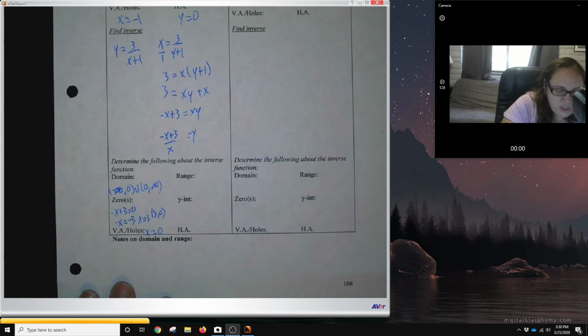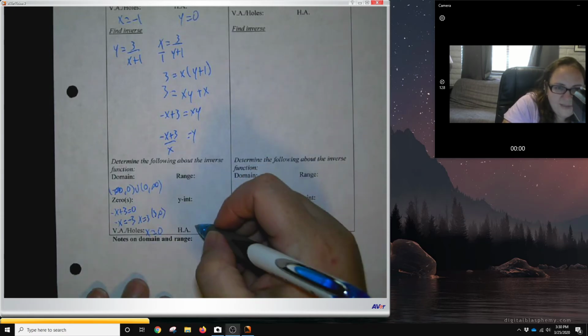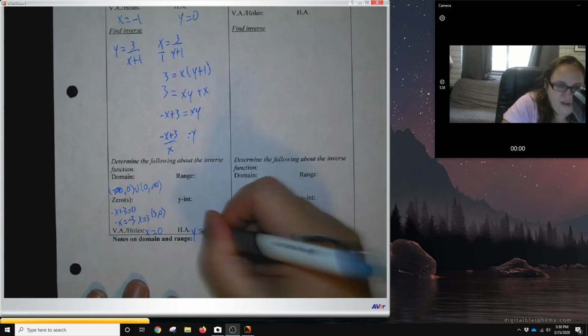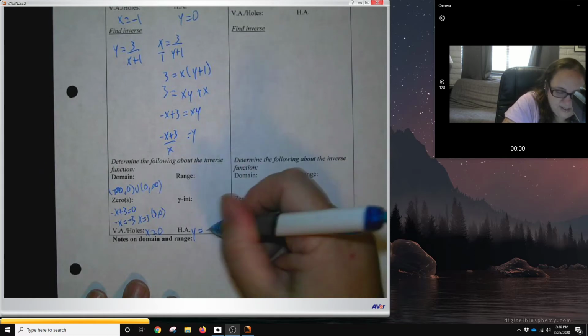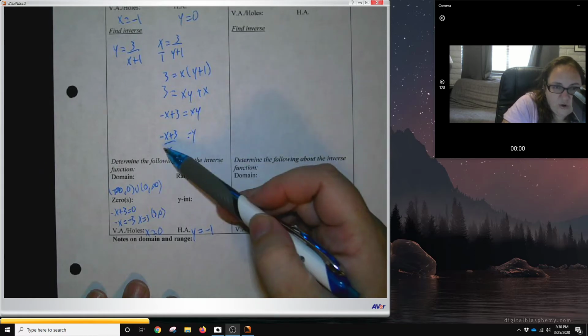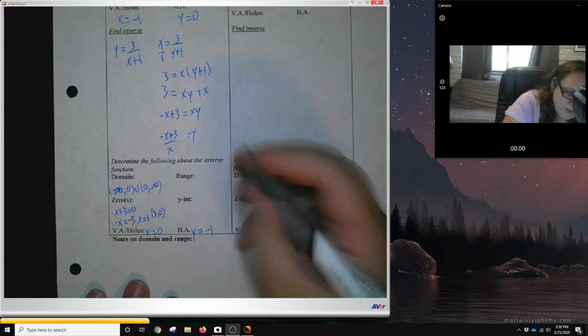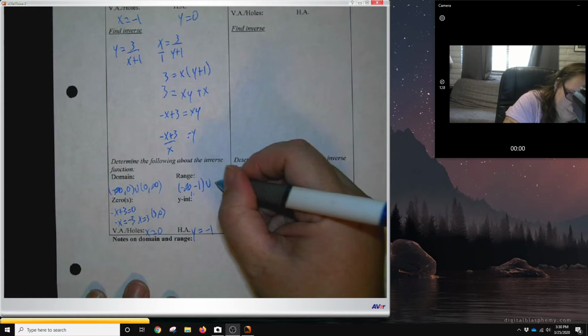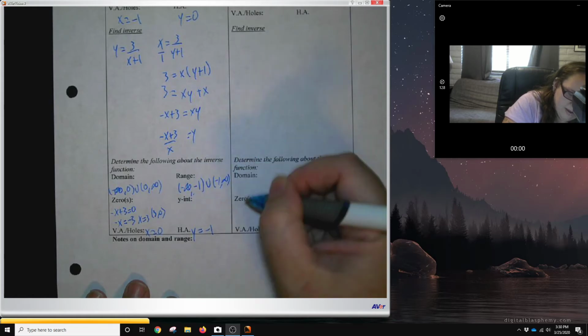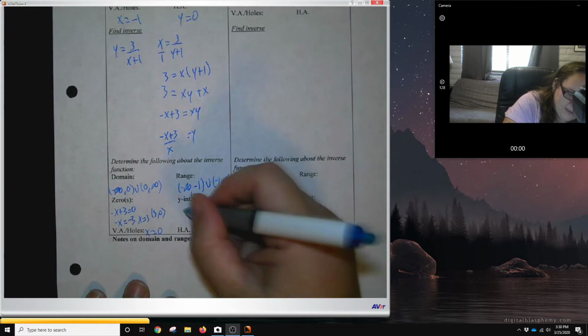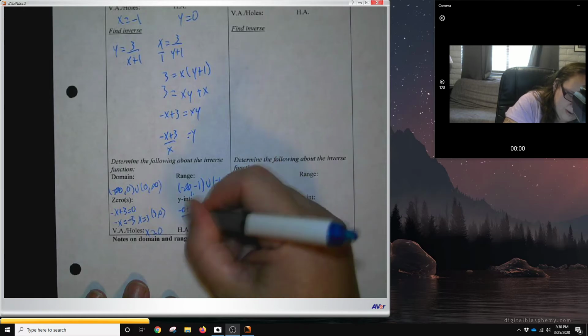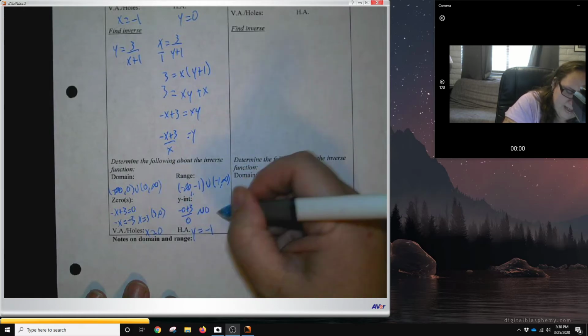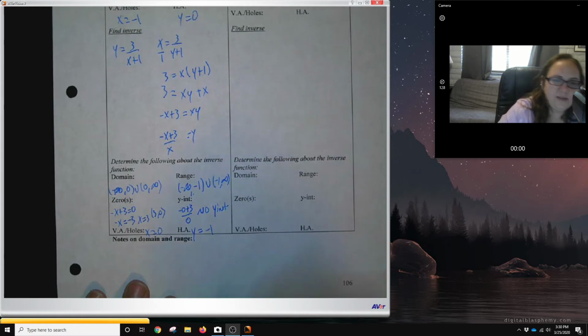The range: the horizontal asymptote here, they're the same degree top and bottom, so it's going to be the leading coefficients, -1 over 1. The range is all real numbers except that -1. And then for my y-intercept, I make x 0. Can't have 0 in the denominator, so there's no y-intercepts.